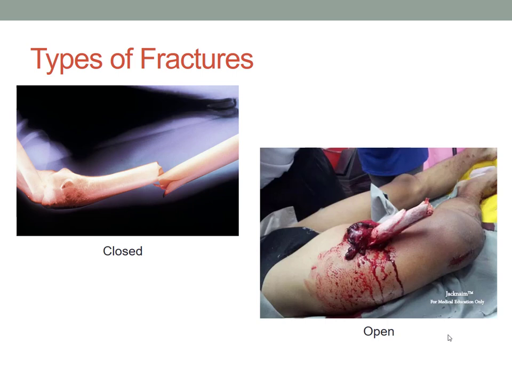However, you can see that it is not piercing the skin. The closest point that it has is down here, but you can still see the skin tissue a little bit below that. So this is a closed fracture. And then you have open fractures, which is where the bone will actually exit the skin. So, two general broad categories of fractures.